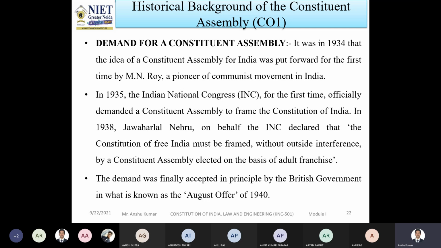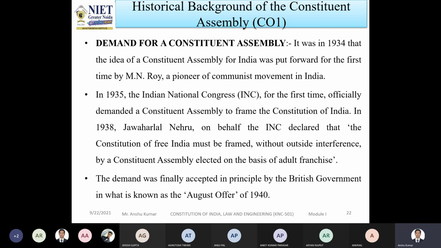That means in 1934 the voice demanding a Constituent Assembly was first raised, the very next year the Indian National Congress recognized it, and after three years, in 1938, Jawaharlal Nehru officially declared that the Constitution of Free India must be framed by a Constituent Assembly, whose members will be elected on the basis of adult franchise.